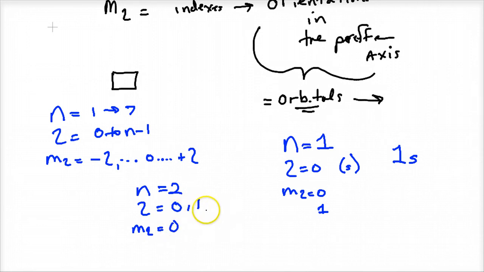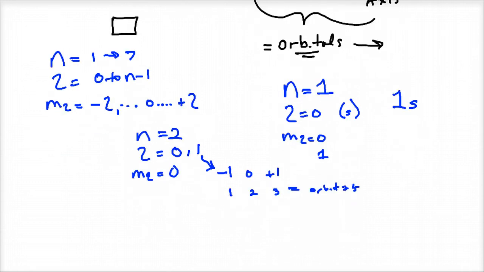But if you deal with the electrons in this p orbital, then you put a 1 in here, negative 1 through 0 to positive 1. Count how many different scenarios you have: 1, 2, 3. This would give you 3 orbitals. Okay? And that's how that works.